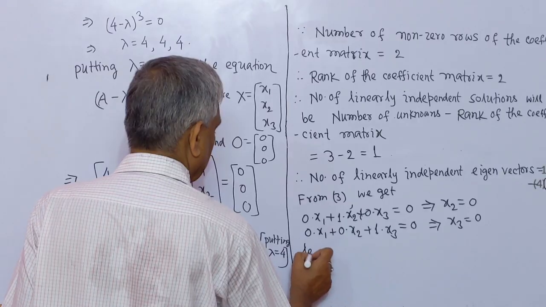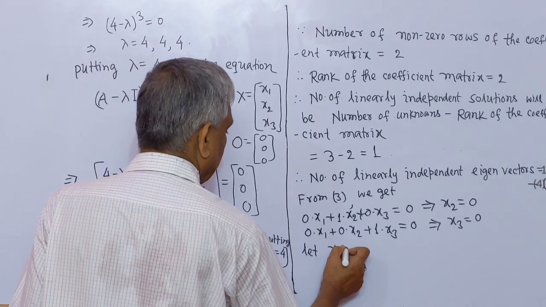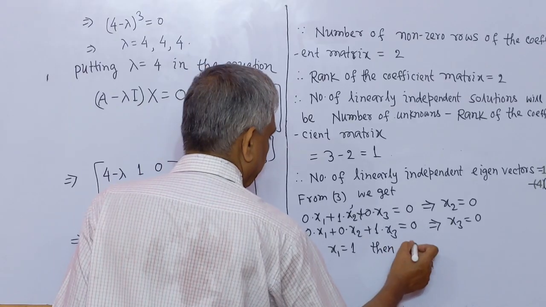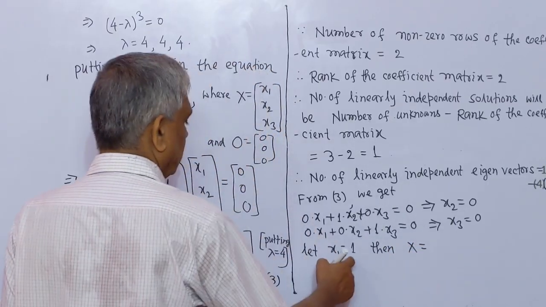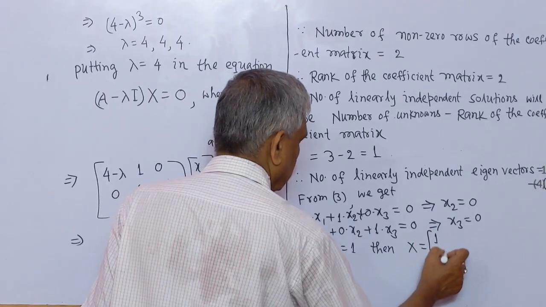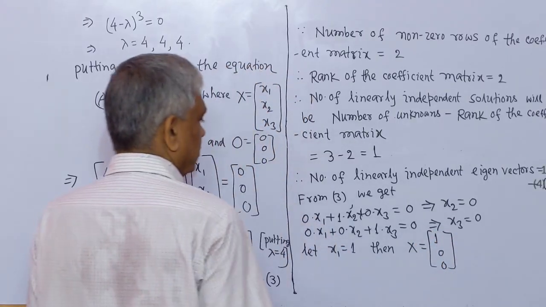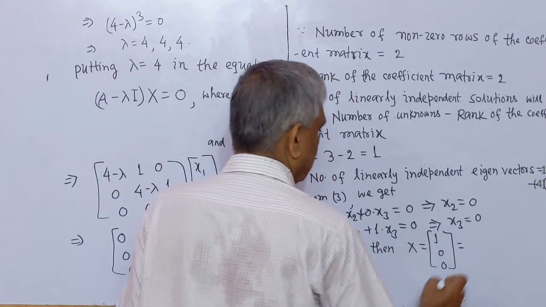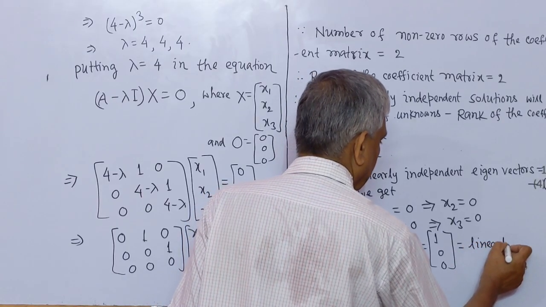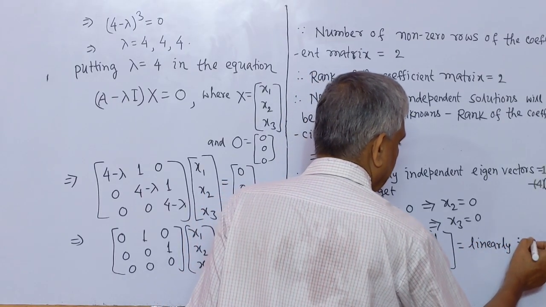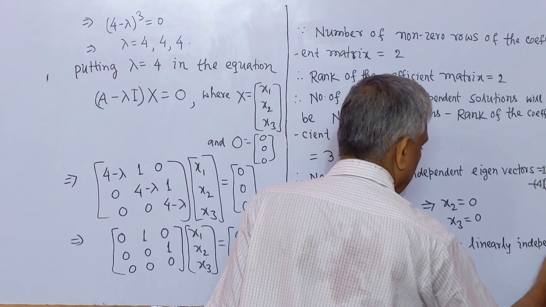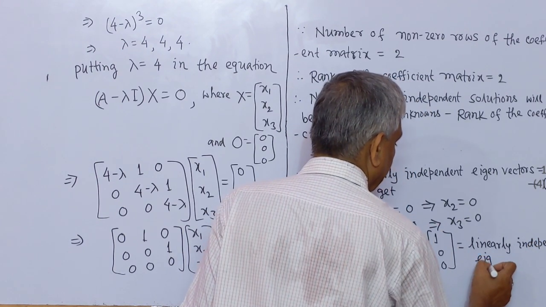Let x1 equal 1, then capital X will be 1, 0, 0. This is a linearly independent eigenvector.